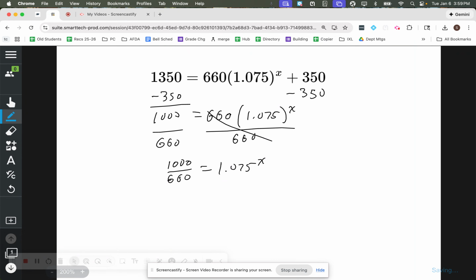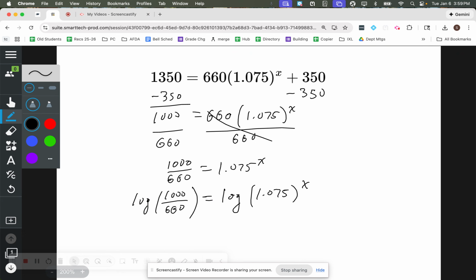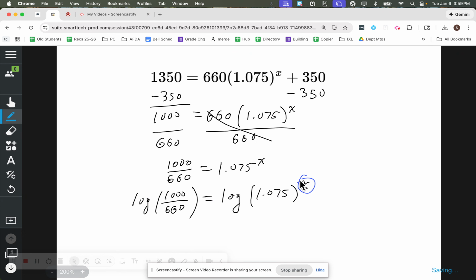Here's where I do my log move. Take the log of this side and the log of this side. And then final power move. X goes down here. X log of 1.075 equals log of this piece right here.